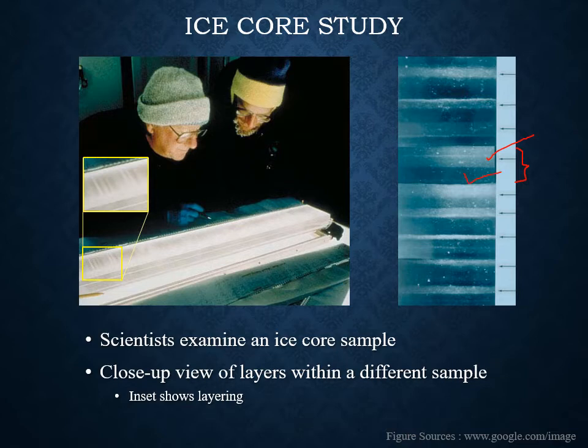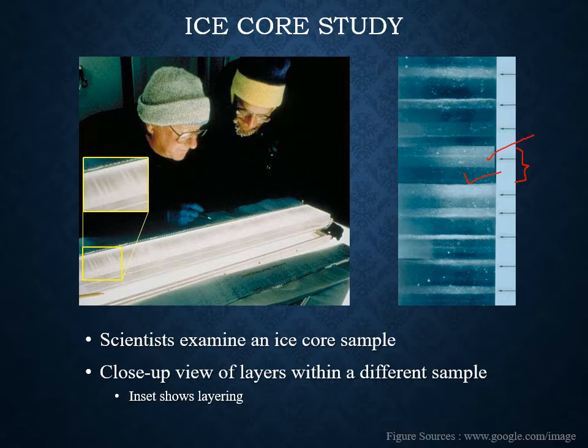So when there is lots of evaporation, the atmosphere over the polar regions gets lots of water vapor, fresh snowfall occurs, and the snow is lighter in color.